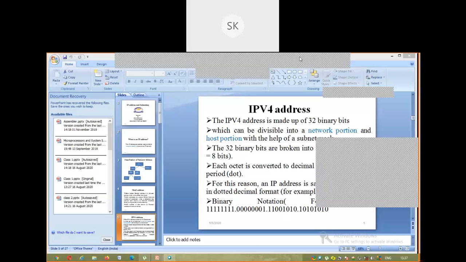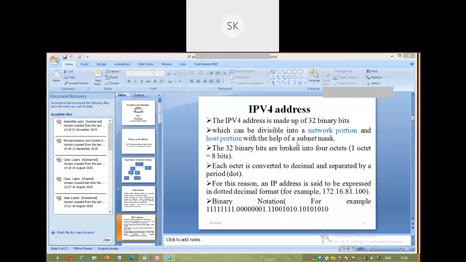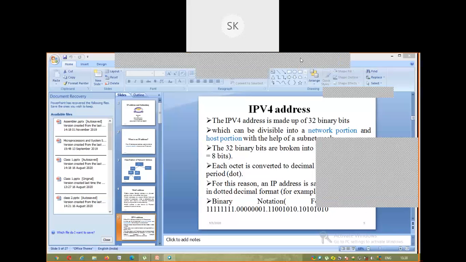The second line of this slide says it can be divided into network portion and host portion with the help of subnet mask. Little bit, why little bit?